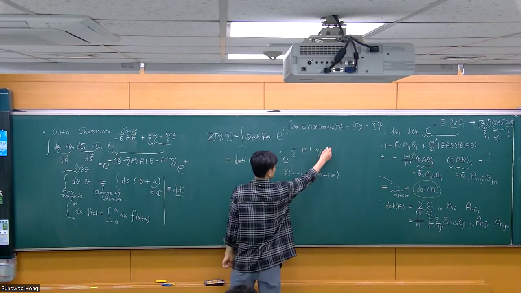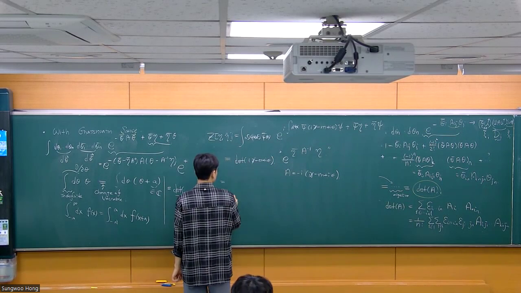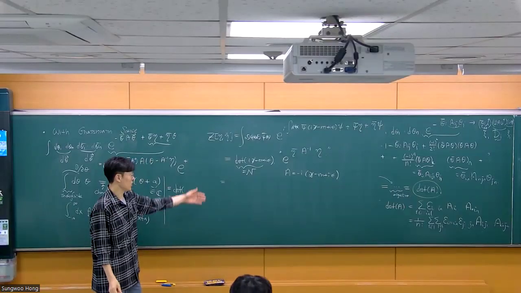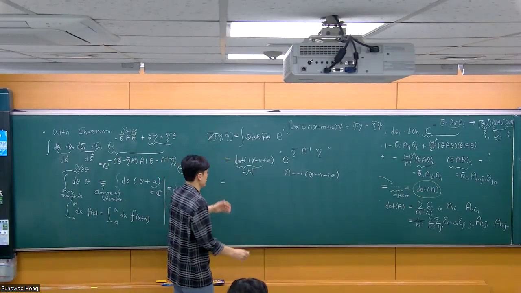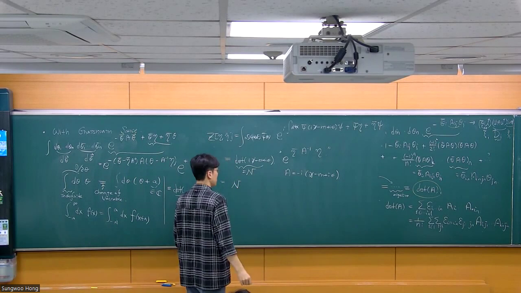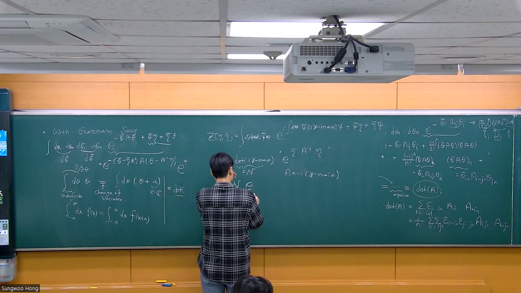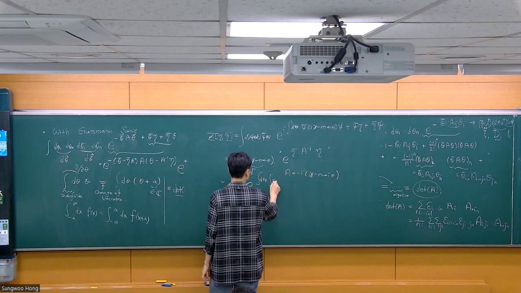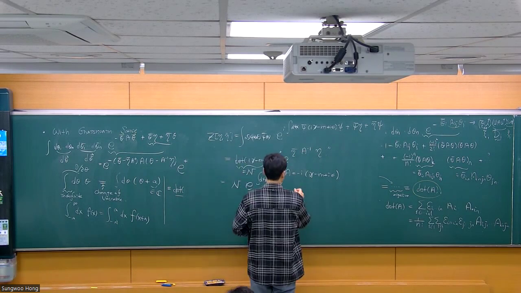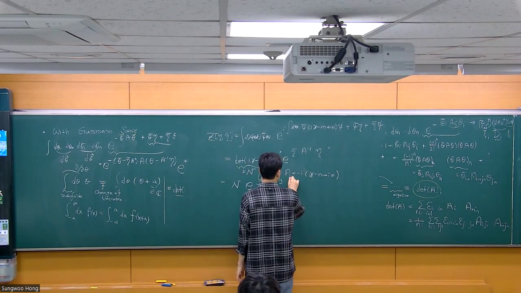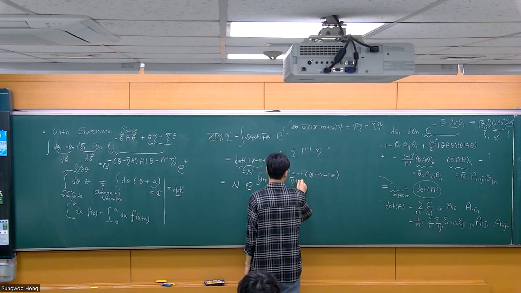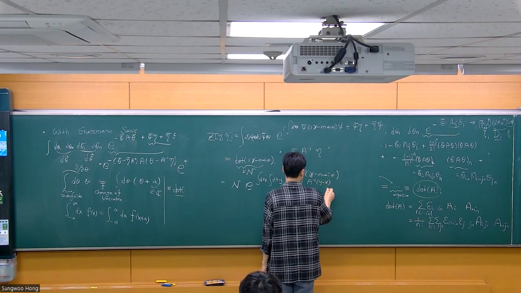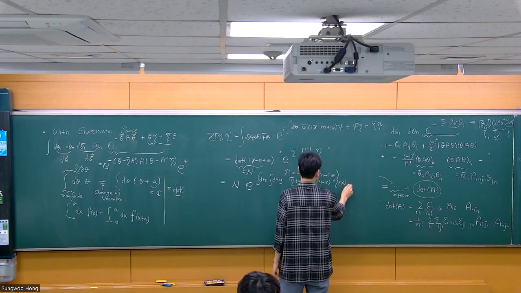Okay. So what do I mean by this expression? That means, let me just write this as some prefactor N, which can be even ill-defined or infinite or whatever. So there's N, and then this will be the integral over x, the integral over y, and then eta bar of y, A inverse of y minus x, and eta of x.